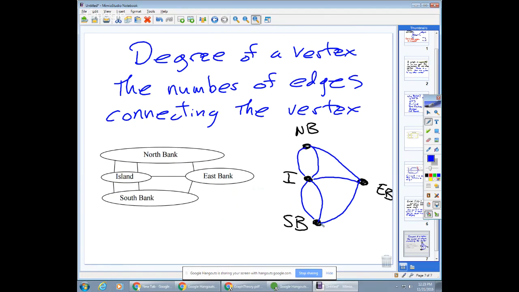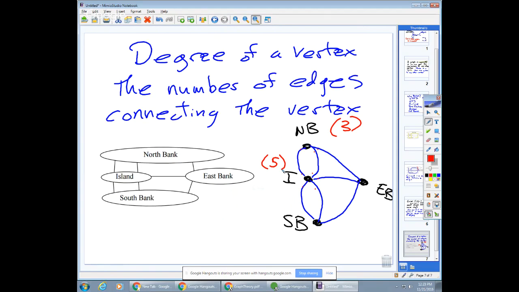And so in parentheses next to these, I'm going to write the degree of each vertex. And again, the degree is just how many edges are connected to that vertex. So for example, the north bank has 1, 2, 3 edges, so its degree is 3. The island, 1, 2, 3, 4, 5, its degree is 5.